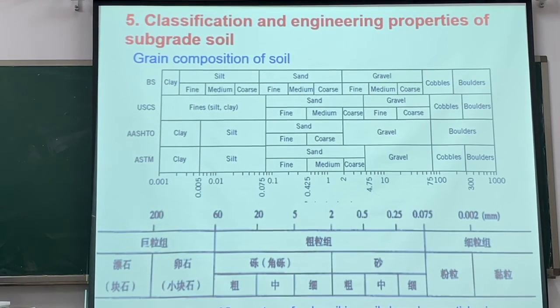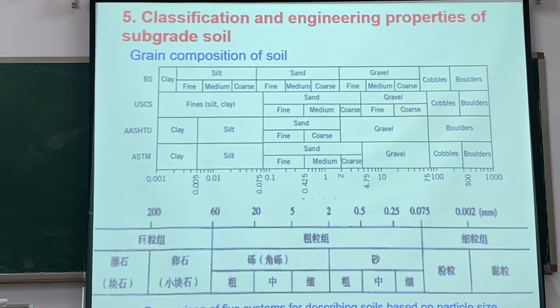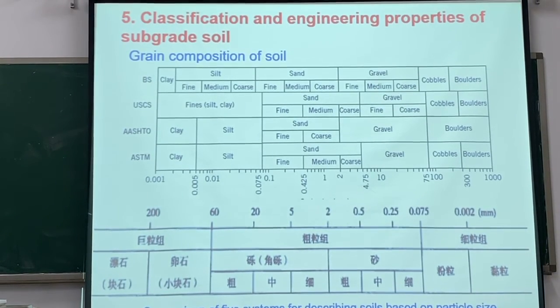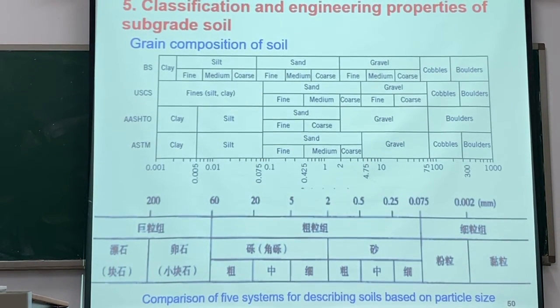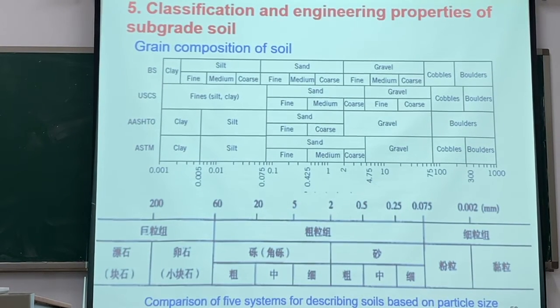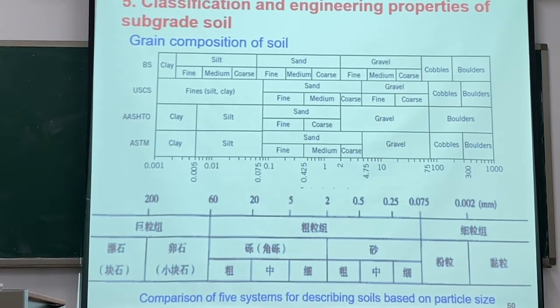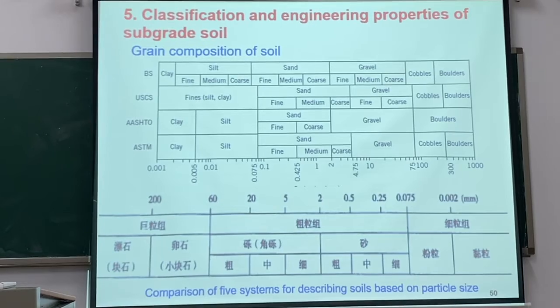Now, from this table, we can know the grain composition of soil. So how do we determine the soil in different groups? According to the grain composition.